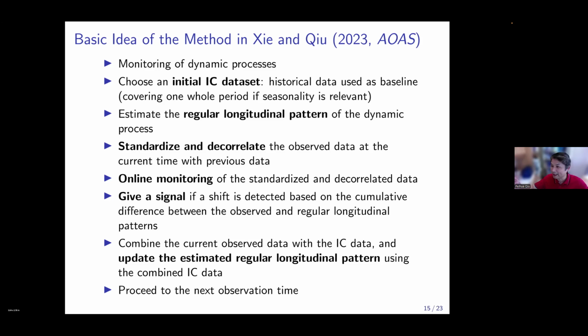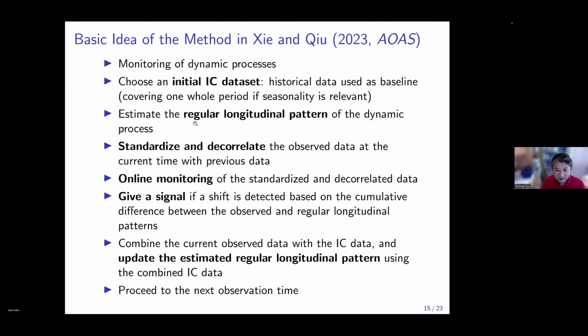For the pollution data, for example, we use the previous year's data as the baseline data, or initial in-control data. And if seasonality is relevant, then this initial in-control data need to cover at least one whole period. Otherwise the periodic pattern cannot be estimated well.